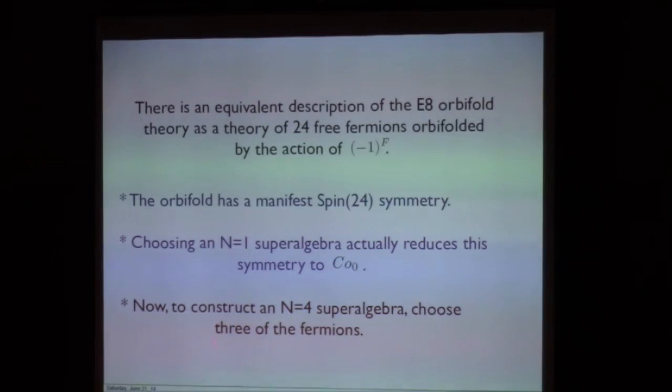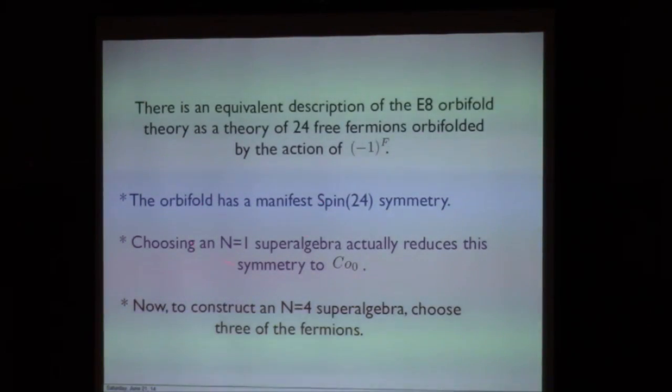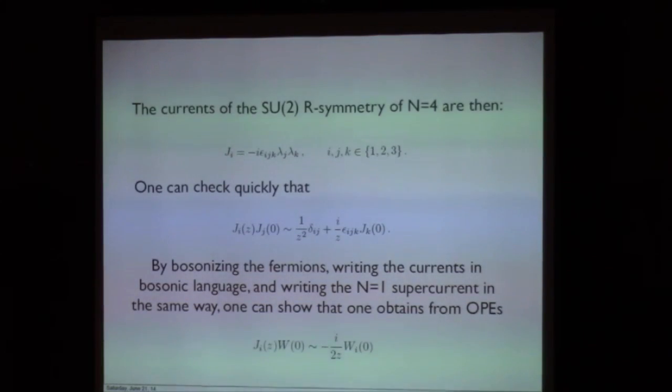And now to construct an N=4 algebra in this description, you'd have to choose 3 of the fermions. These would allow you to construct SU(2)_R symmetries by taking sets of fermion bilinears that give you the SU(2) currents. And you can check quickly that doing this construction and acting with the currents on the N=1 generates a full N=4 algebra.